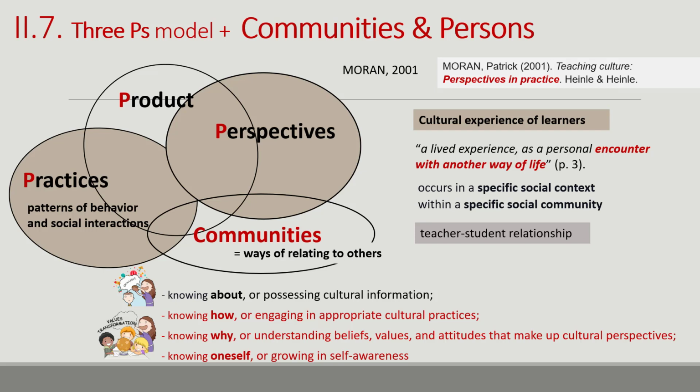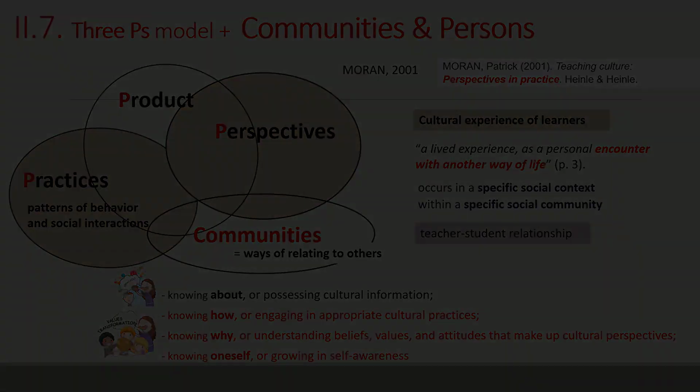The learner is expected to understand beliefs and values that make up cultural perspectives behind products and practices, knowing why. But also, the learner is expected to develop skills in engaging in appropriate cultural practices, knowing how, and reflect on their own values, knowing oneself.